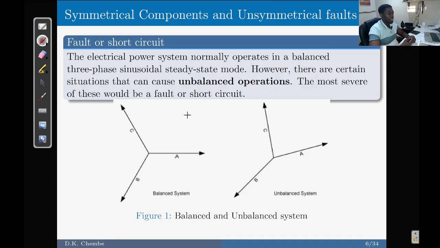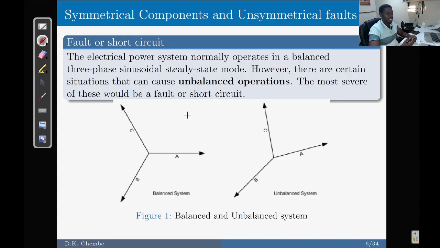So in our understanding, when we discuss symmetrical faults, we understood that the symmetrical fault occurs on all the three conductors of a line, meaning that the fault current is equal in all the three phases.